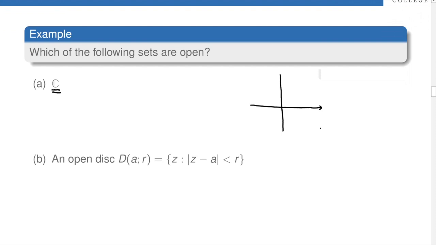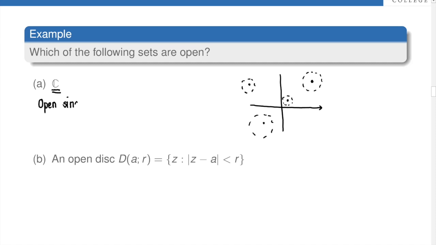If I take any point here, let's say randomly Z, can I find an open disk centered at that point that is contained in C? Yes. No matter what open disk I take around this point, it's always going to be contained in C. And the same thing for any other point. So this is open for the reason we just talked about.